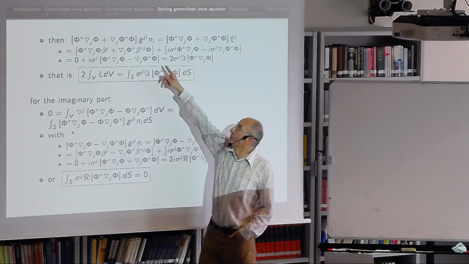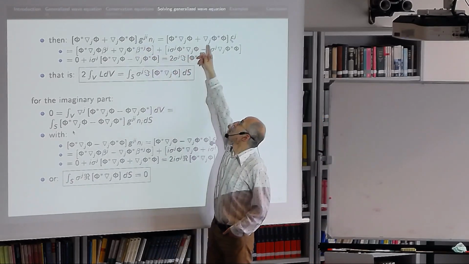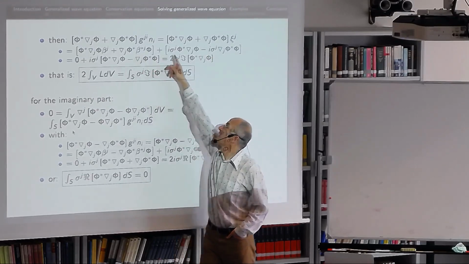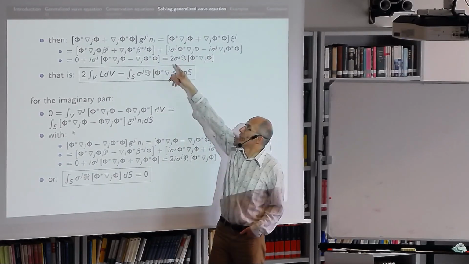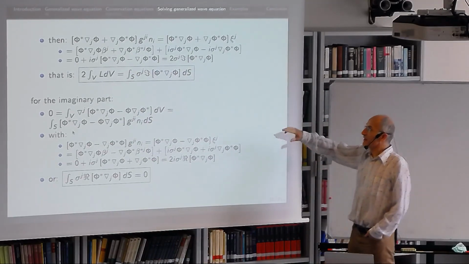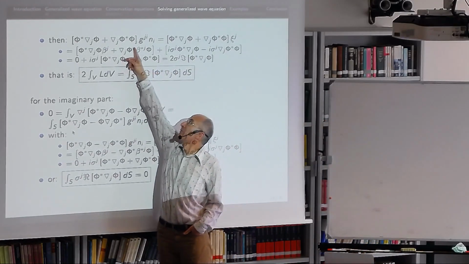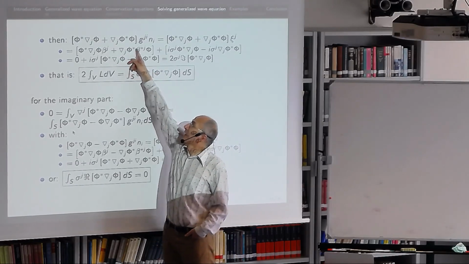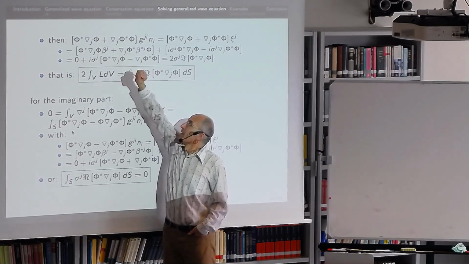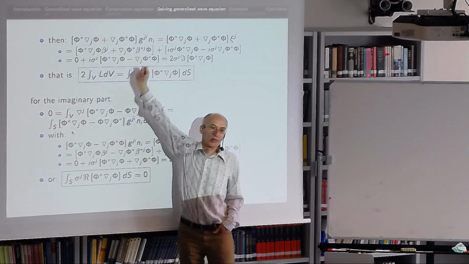The idea is to write here this as psi, and psi is the difference between beta and sigma. We have to take into account that it's not exactly the same here. We have the covariant derivative of the complex conjugate, it must be the complex conjugate of beta.